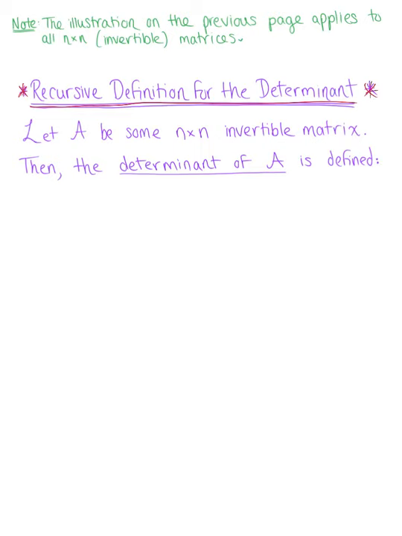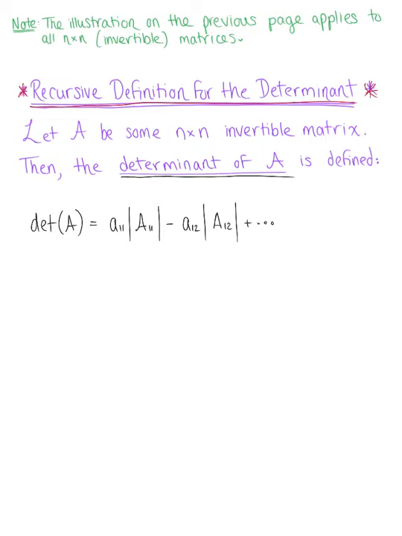We let A be some n by n invertible matrix, and the determinant of A is determined as follows. The determinant of A is equal to the entry in the first row, first column, multiplied by the determinant of the submatrix A sub 1, 1, minus the entry in the first row, second column, multiplied by the determinant of the submatrix in the first row, second column, plus, and we continue in this manner all the way to the nth term.